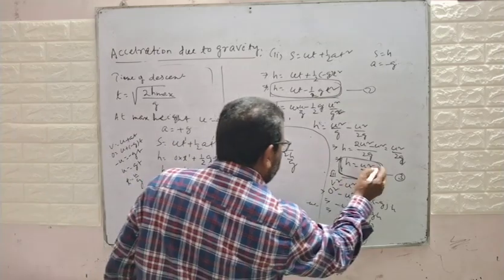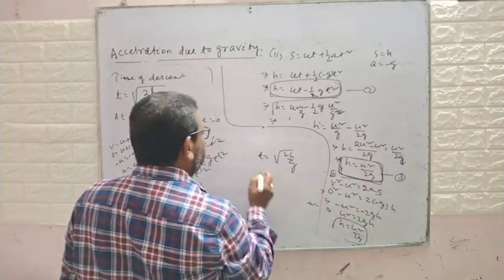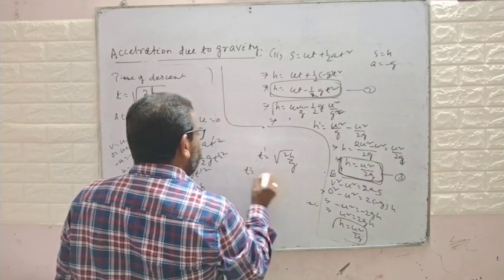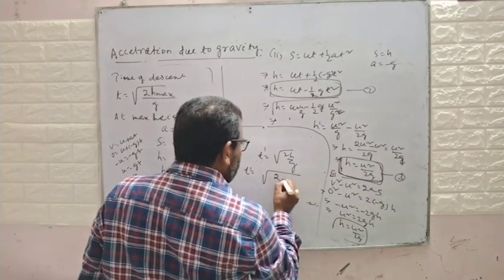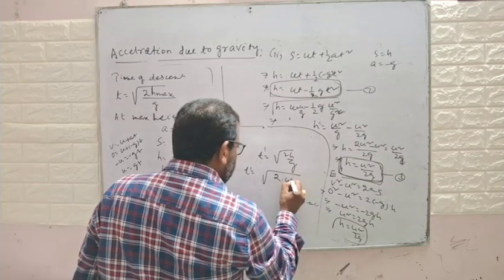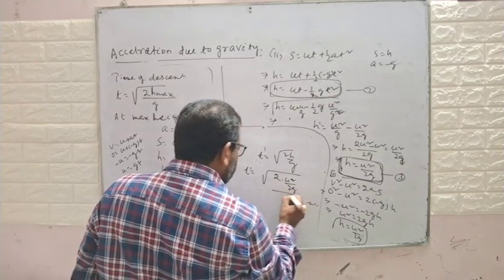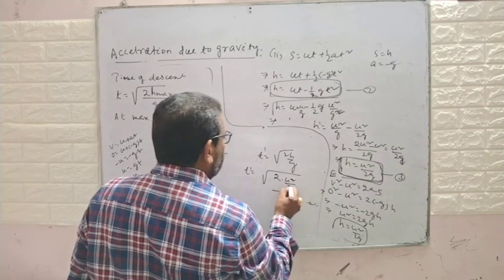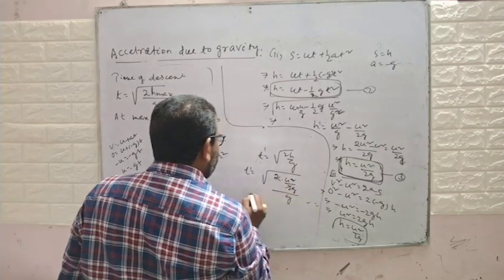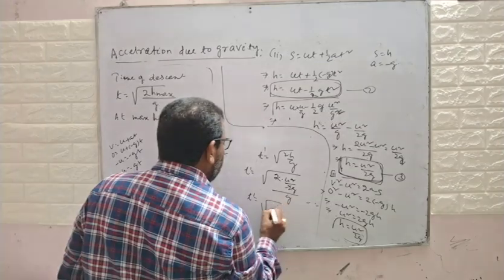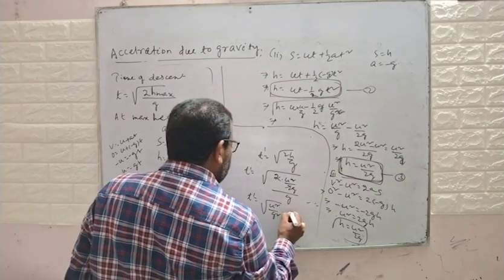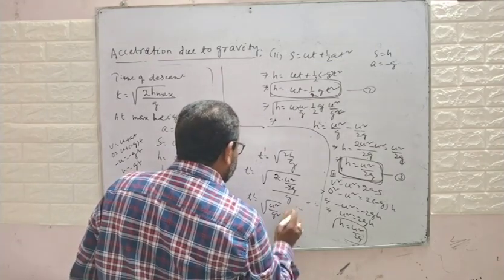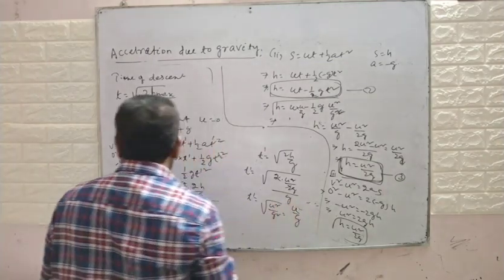But h equal to u square by 2g, you put here. t dash equal to root over 2 into u square by 2g by g. 2 to cancel. t dash equal to root over u square by g square, that equal to u by g. t dash equal to u by g.